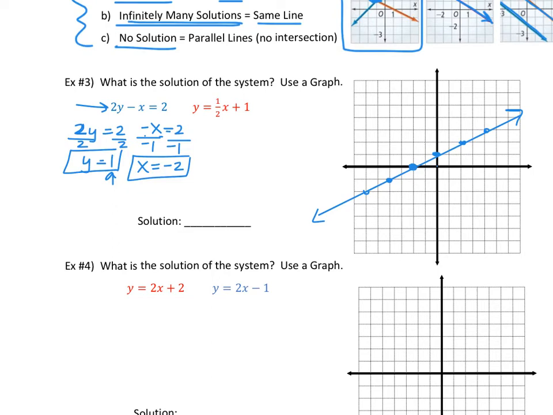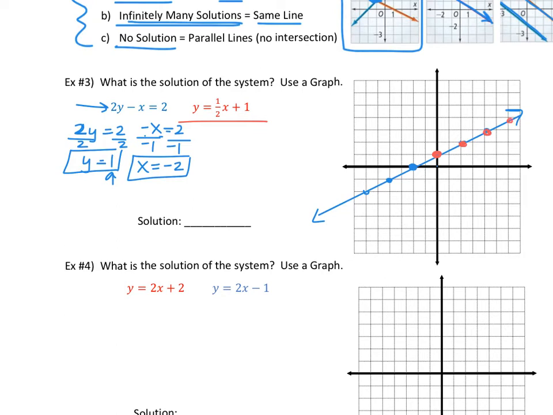And then our red line, we have y = 1/2 x + 1. So we're going to go up 1. Do you see your answer already? From there, we go up 1 over 2, up 1 over 2, up 1 over 2.